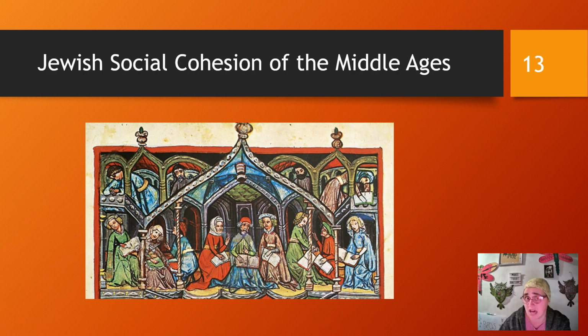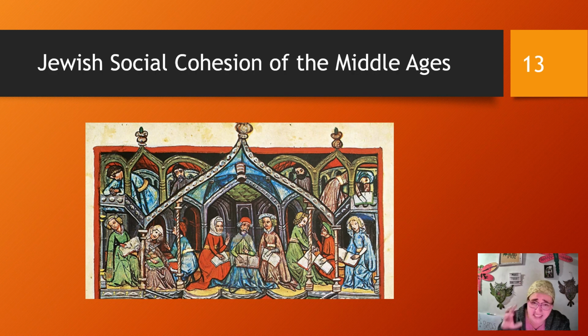So people felt socially cohesive with Jews around the world by practicing in similar ways, praying in similar ways, and viewing their origins and their sense of identity in similar ways.